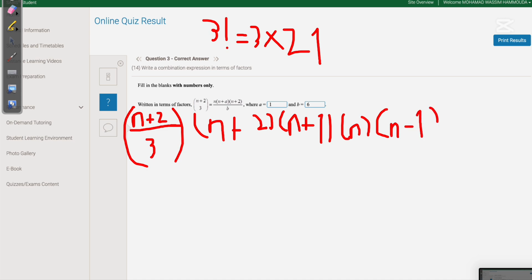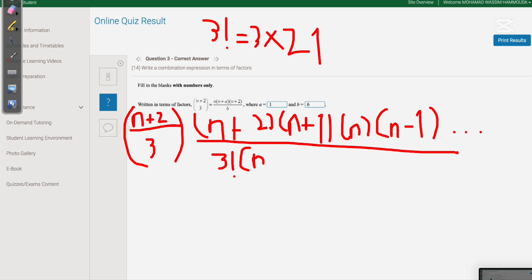Then in the denominator we have 3 factorial times the factorial of n plus 2 minus 3, which simplifies to just n minus 1.